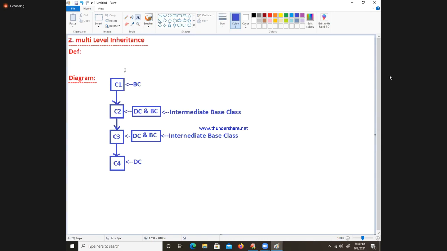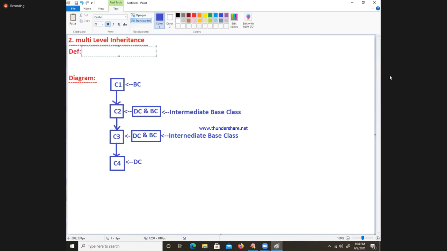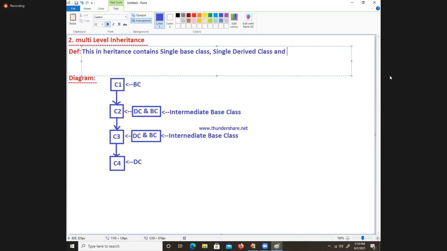Now you prepare the definition. Come on, this is the way you need to explain. This inheritance contains a single base class, a single derived class, and multiple intermediate derived classes.